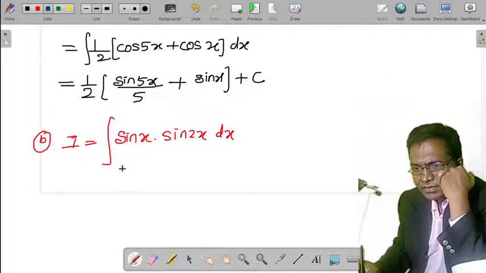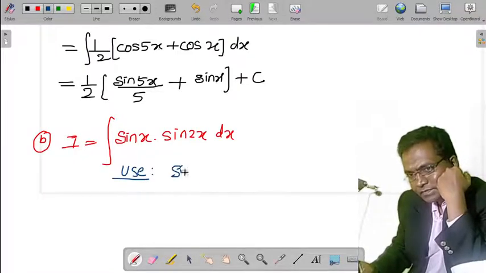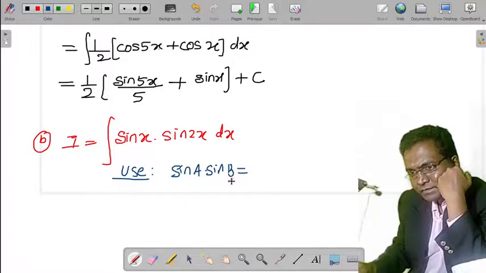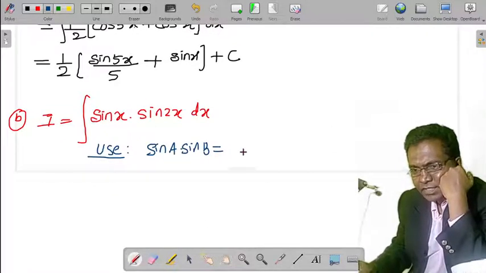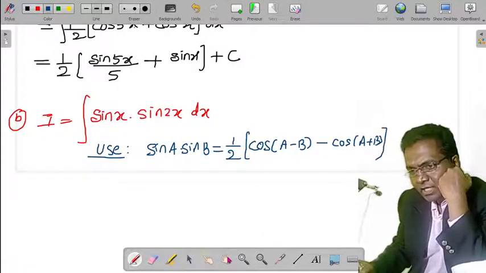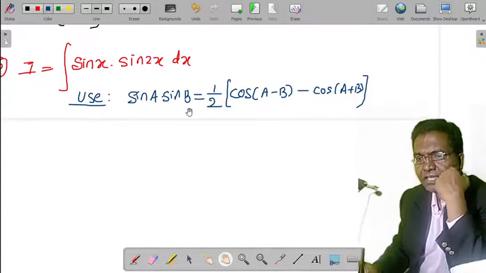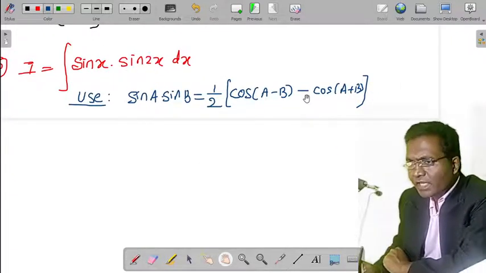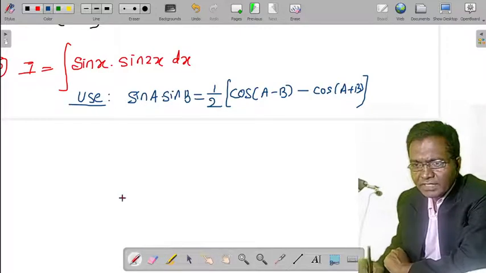Now here use the result for sin A into sin B. Sin A into sin B is 1 by 2, first you have to write cos of A minus B minus cos of A plus B. I had given you this earlier. Sin A into sin B is 1 by 2 cos of A minus B minus cos of A plus B.